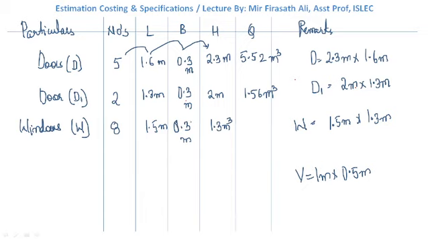This 0.3 remains constant because it is the thickness of the wall. If we multiply 8 into 1.5 into 0.3 into 1.3, we will get around 4.68 meter cube.